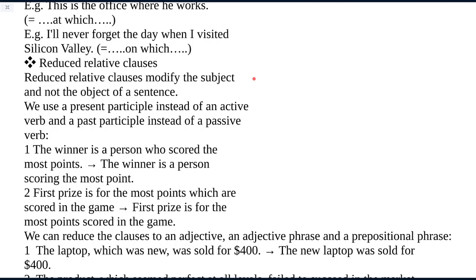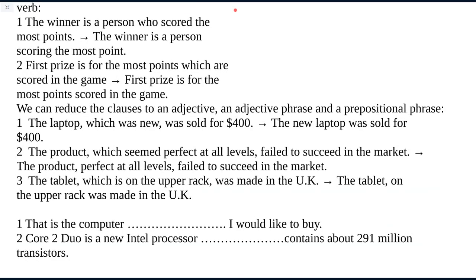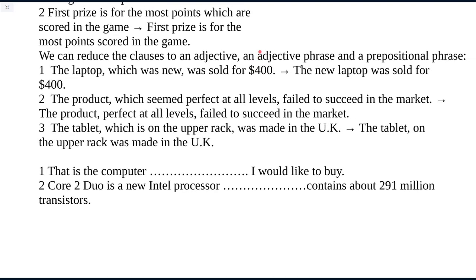First prize is for the most points scored in the game. We're still given specific or more details about what we're talking about. However, we skip the pronouns or adverbs. So this is the only difference between a reduced relative clause and a standard one.